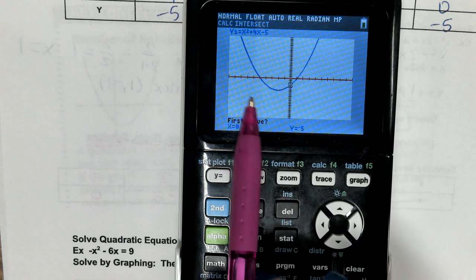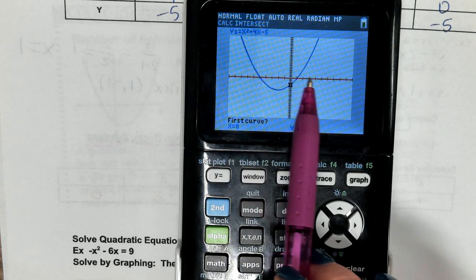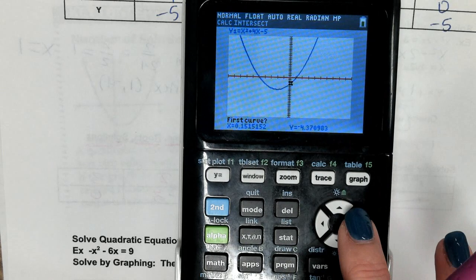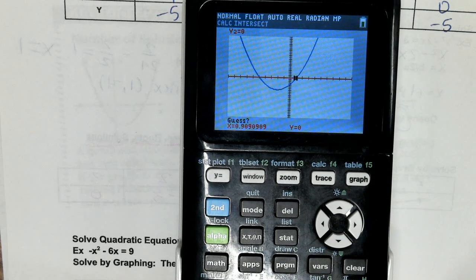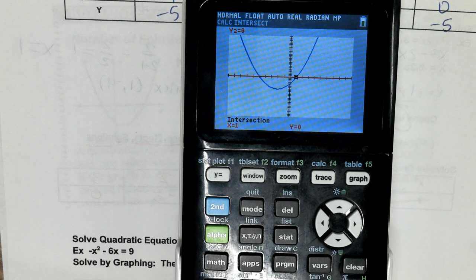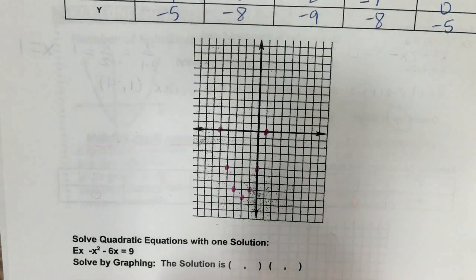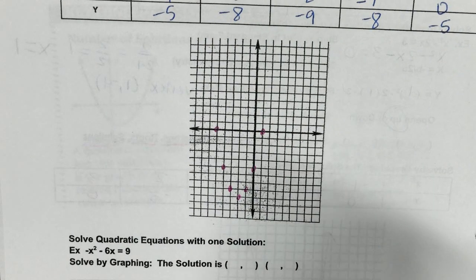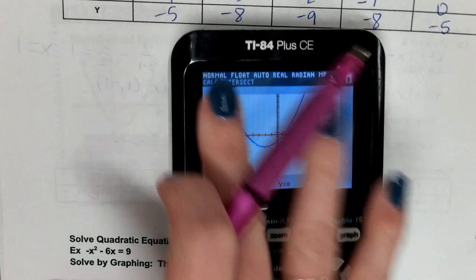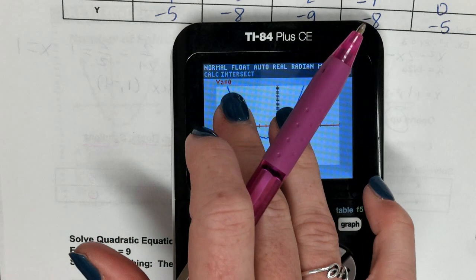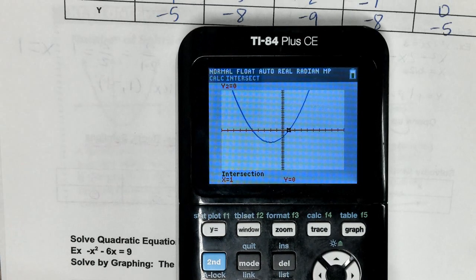See how y equals 0 is that red line right there. I go to the first one that I want to do. I hit enter, enter, enter, and it tells me that the intersection is at 1, 0. And that's this one. So if it's a decimal x value, it's not going to show up on the table. You've got to use second trace if you can't see it.